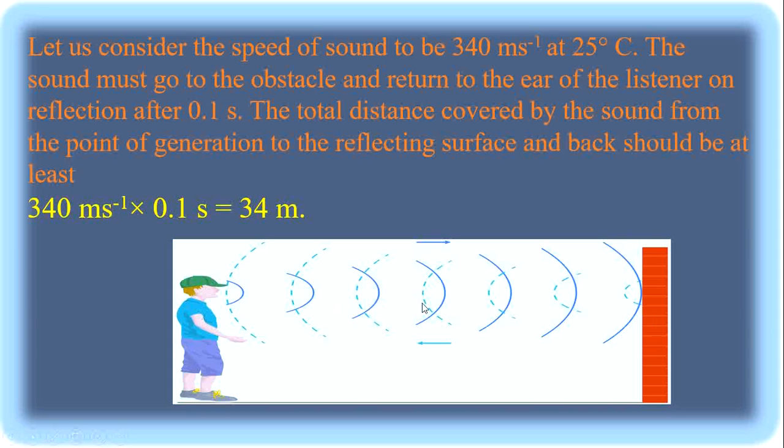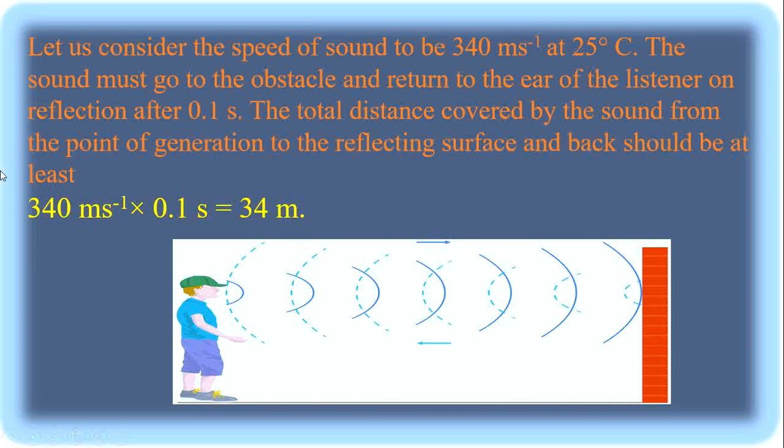Now the total distance covered by the sound from the point of generation to the reflecting surface and back should be at least 340 m s^-1 into 0.1 second, which is equal to 34 meter.